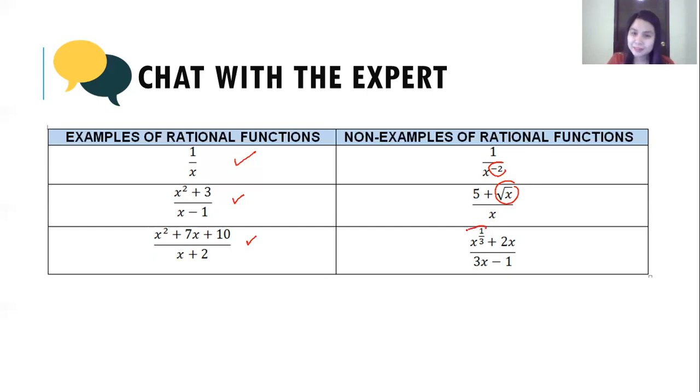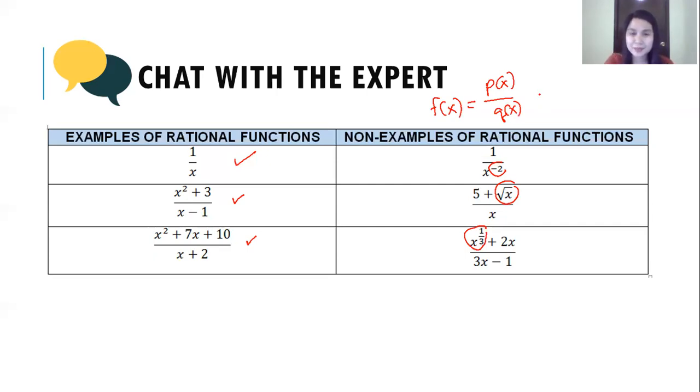The next one, the exponent is a fraction, so it's not a rational function. Again, in the rational function f of x, the numerator and the denominator, these are both polynomials.